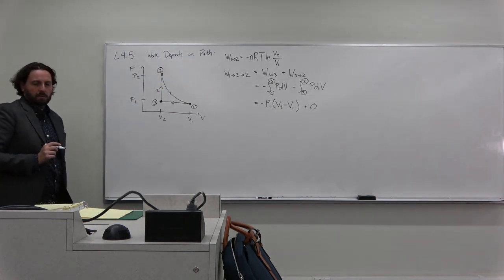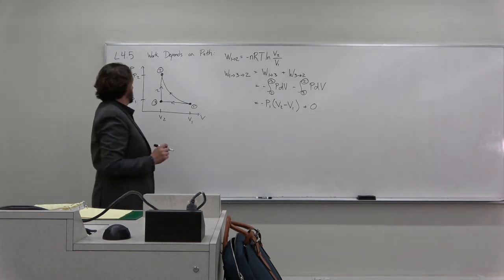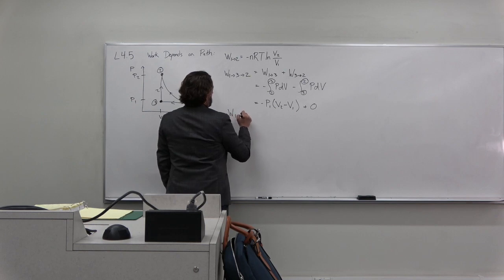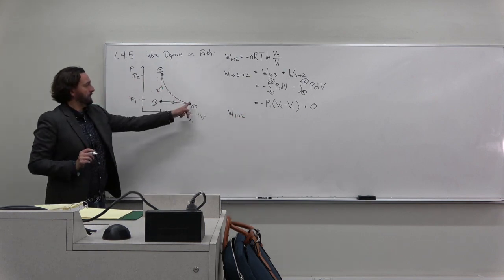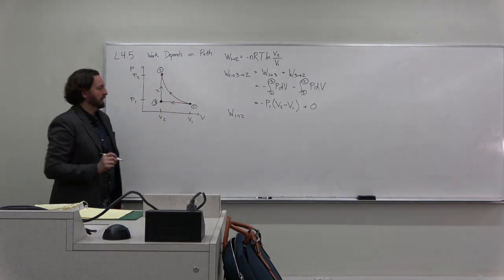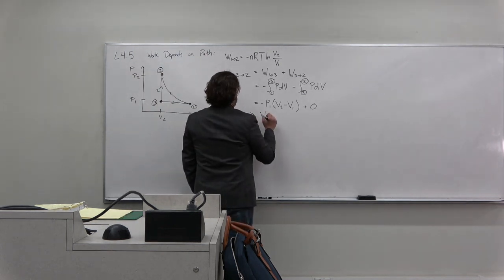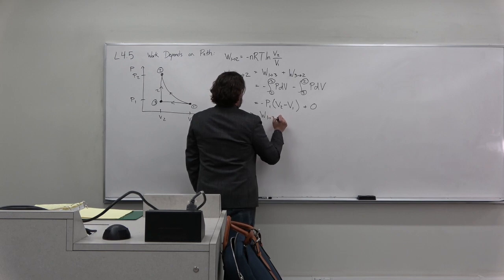Okay, so now you realize that the work done from 1 to 2, if I do this compression, this is greater than the work done from 1 to 3 to 2.